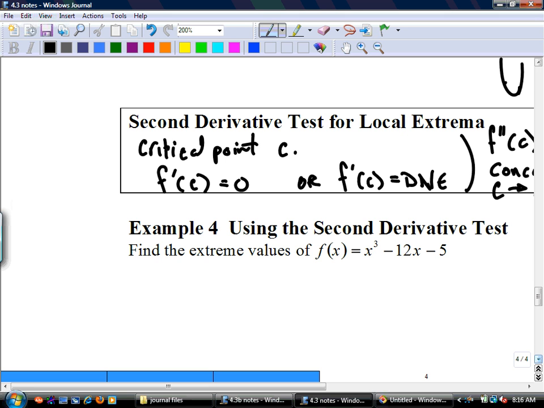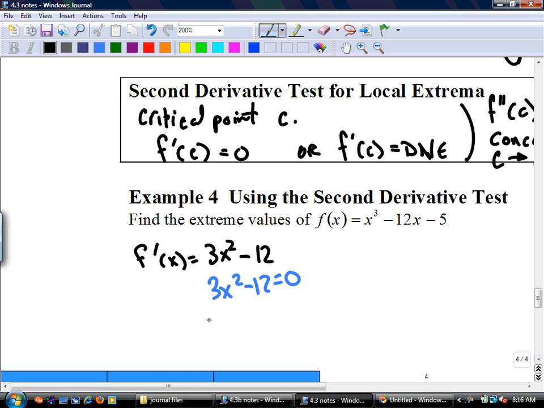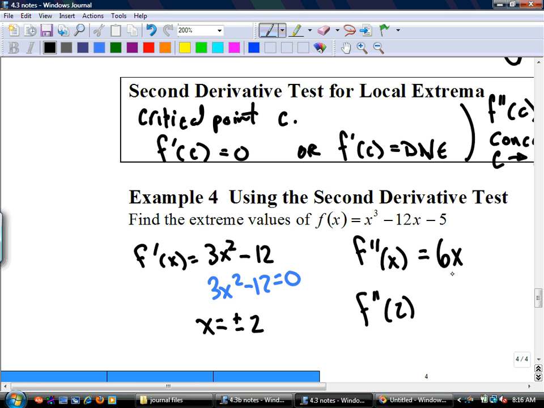And then we're going to stop after this. What's the first derivative? 3x squared minus. X equals plus or minus 2. Okay, what's f double prime of x? 6x. Okay, I would like you to do f double prime of positive 2.